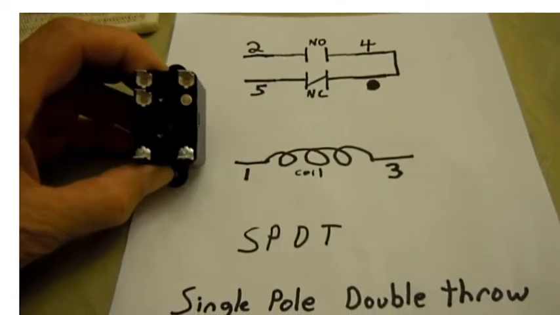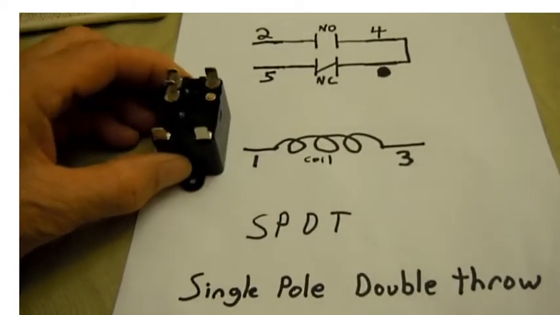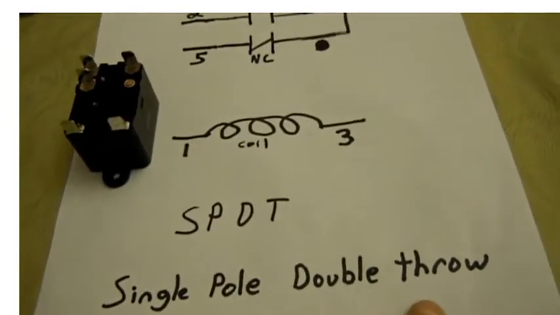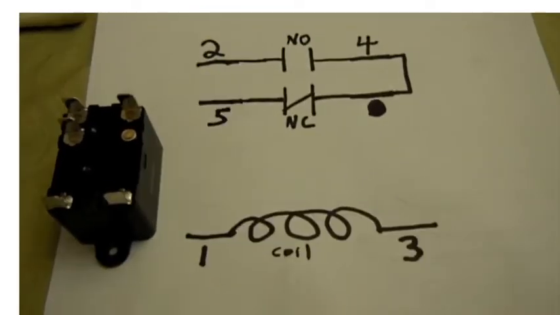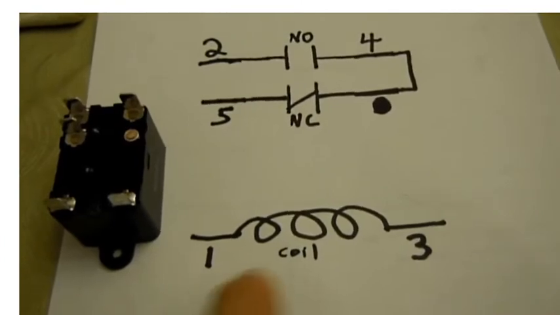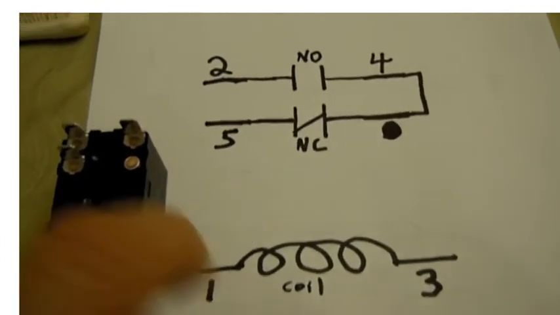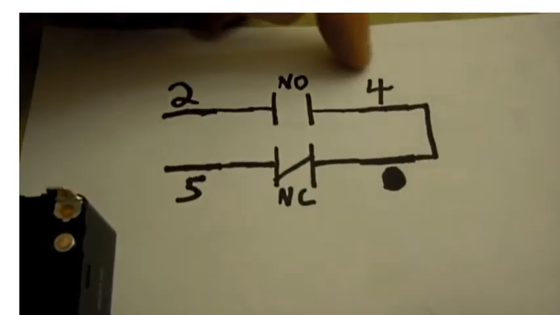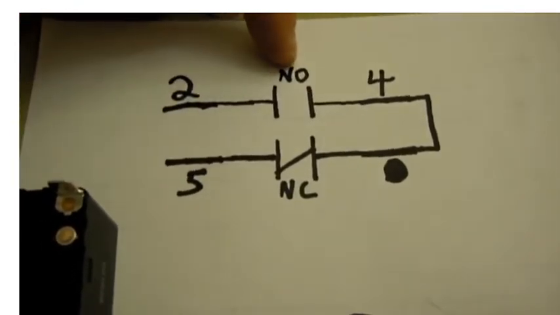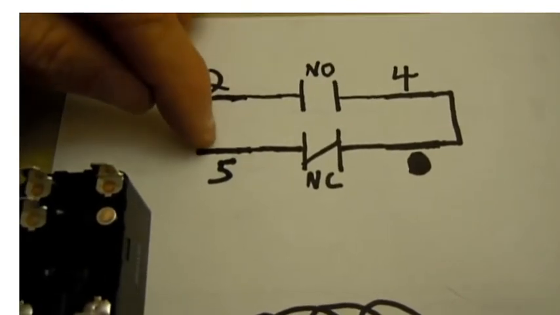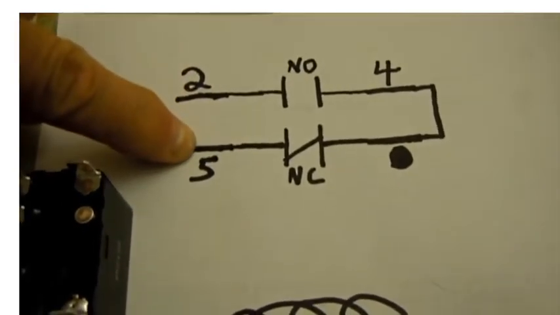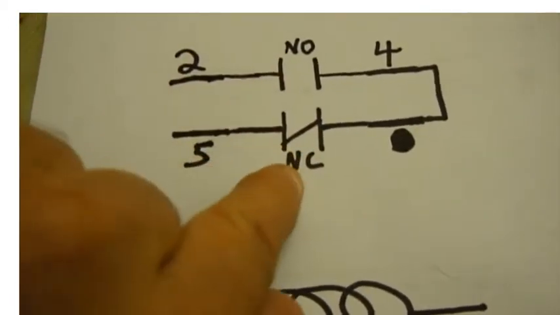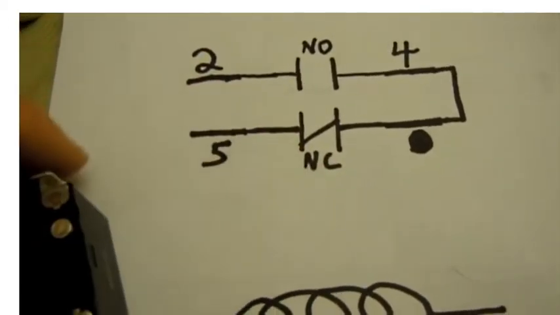And now for the 5-pin relay, which is the SPDT, or single pole double throw relay. We have here again positions 1 and 3 as your coil, and positions 2 and 4 as your normally open position, and 5 and 4 as your normally closed position.